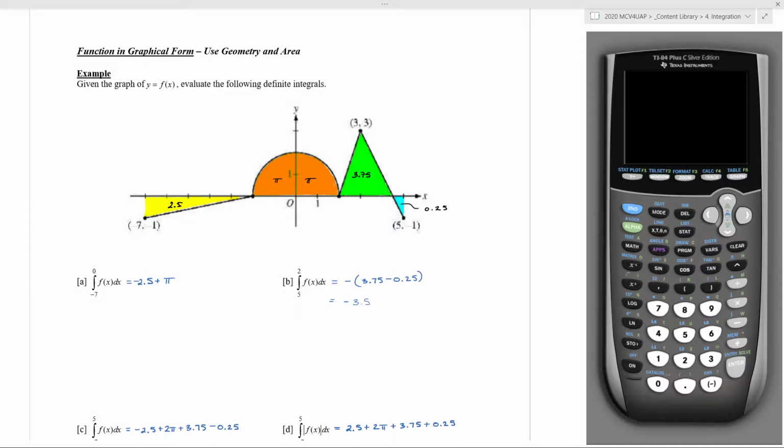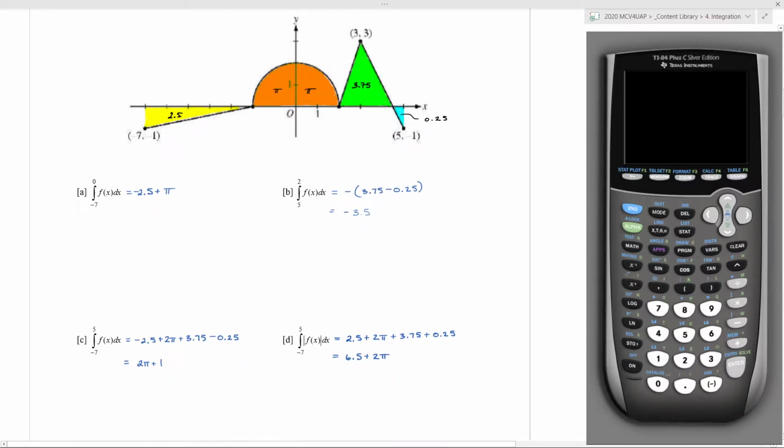So I would take 3.75, subtract 0.25, and whatever your result is, take the negative of that. So in this case, it would be -3.5. That's probably the easiest way to evaluate definite integrals from right to left when you're interpreting the graph as areas under the curve.